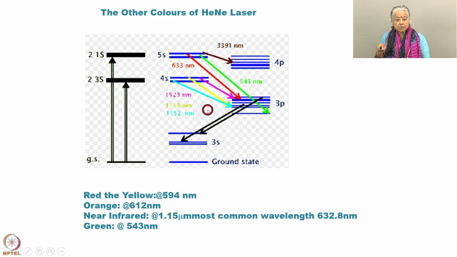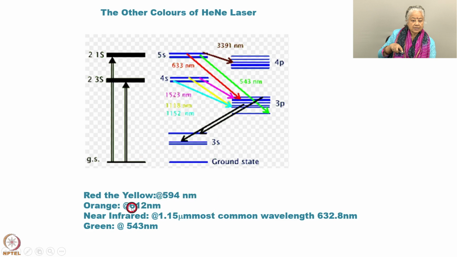So, here is all the population that is occurring. Because of these finer details of these lines, you get a few more lines in these two levels. So, more lasing action is possible. You have a red and the yellow line, other than the red, the yellow line is 594 nanometers.